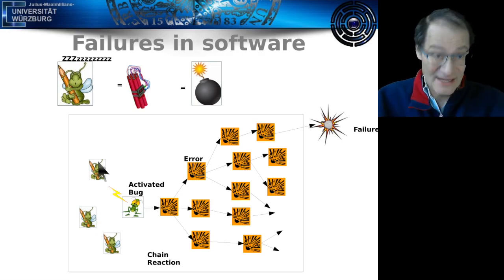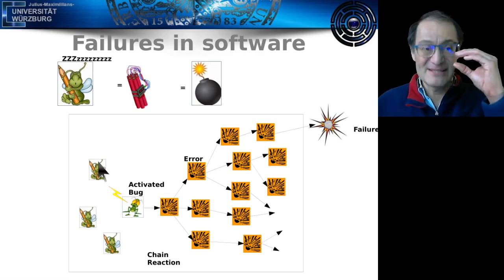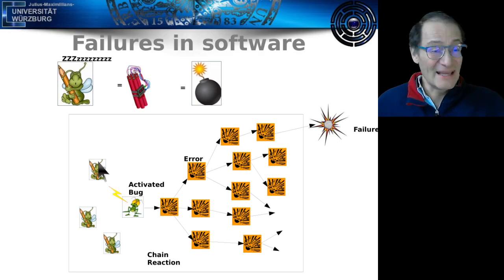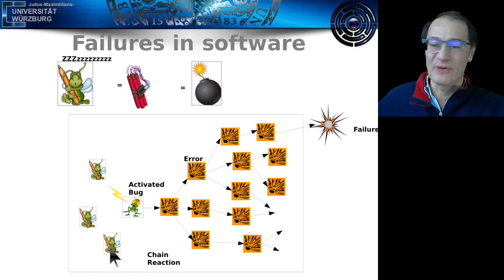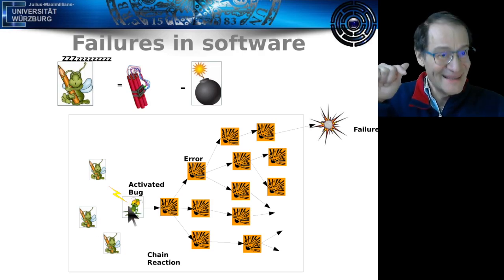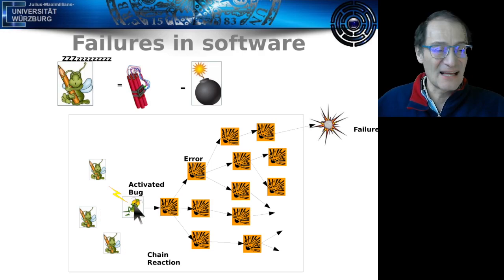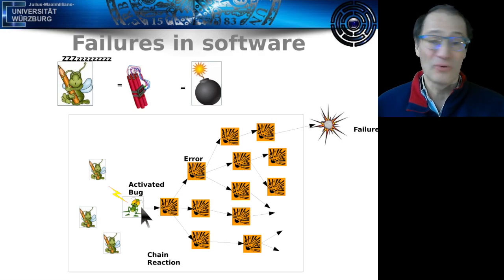So they are already there, but as long as this program is not activated, they are not triggered, they keep sleeping. So there is no problem. We can have thousands of bugs as long as they are not activated. But at this point, something occurs, and we touch this bug, and it's activated. Then it makes something wrong, a wrong operation, and then we have an error situation.